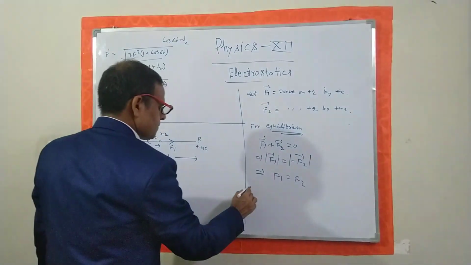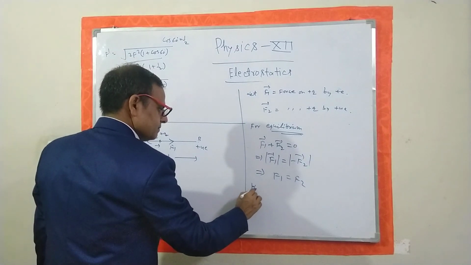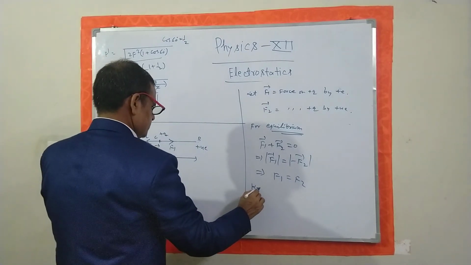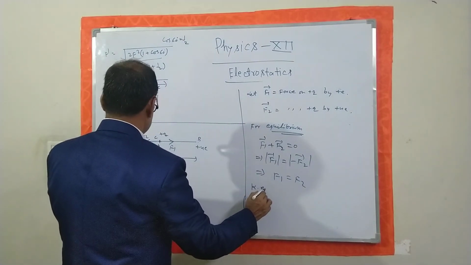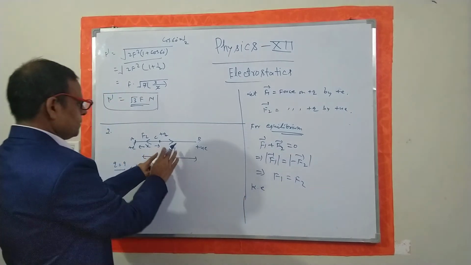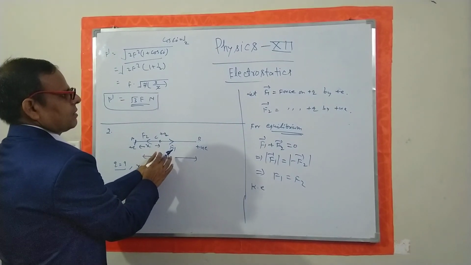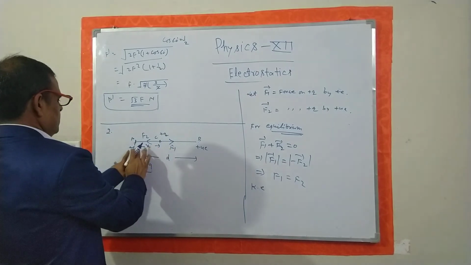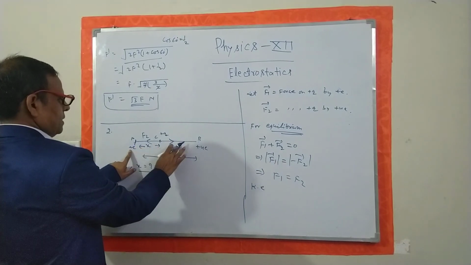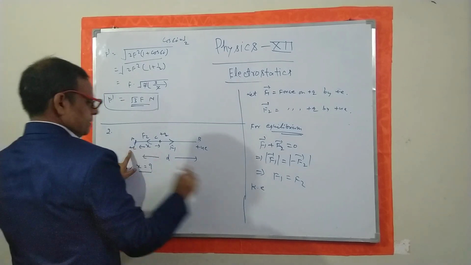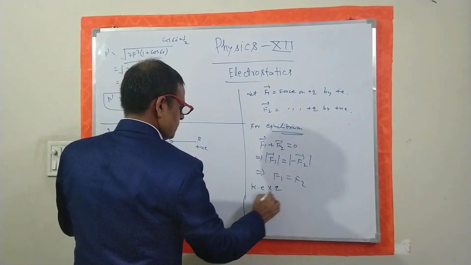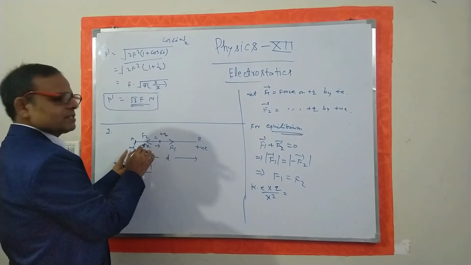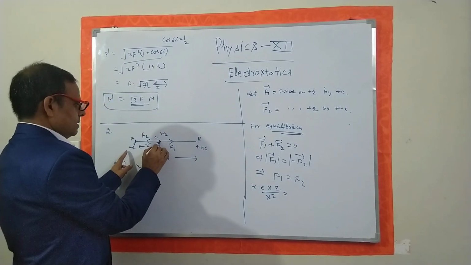So F1 means K into Q1 Q2. Small e, F1 is the force on plus Q by plus E. So this is the F1, so K into e into Q by X square. This is the unknown distance which we have supposed, that at a distance X Q is placed here.